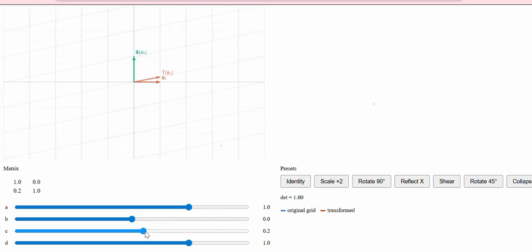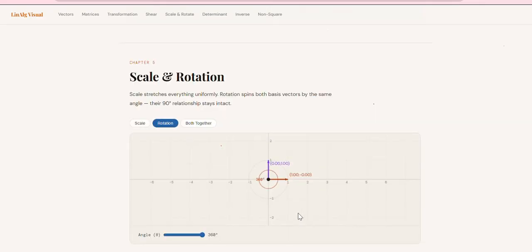And same for the c, it is going to shear towards the y direction. Shear is nothing but when two vectors are getting dependent on each other, we call it shear.